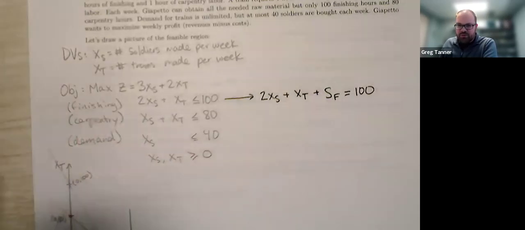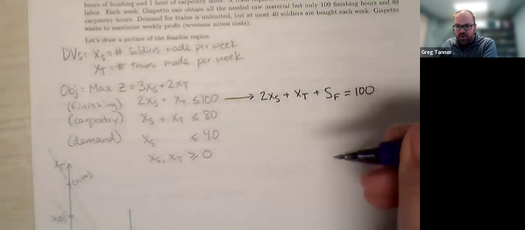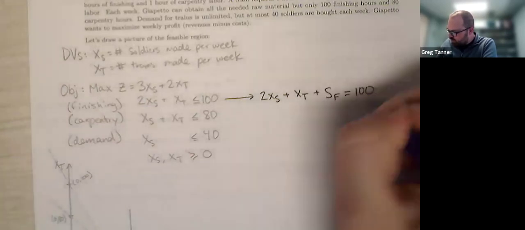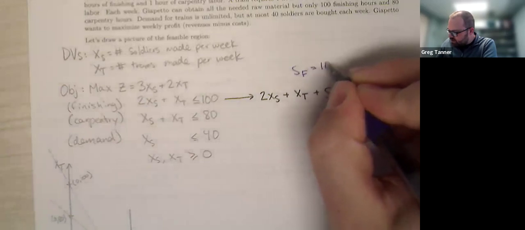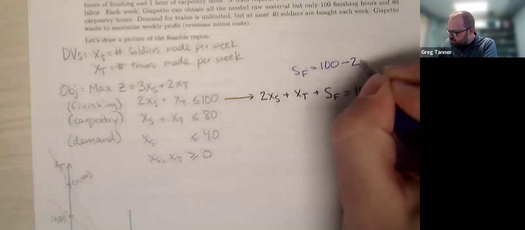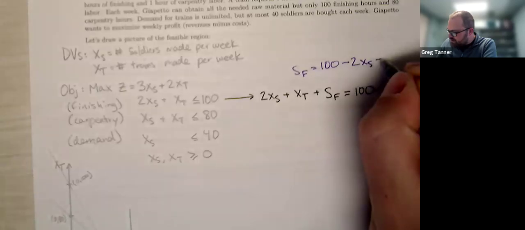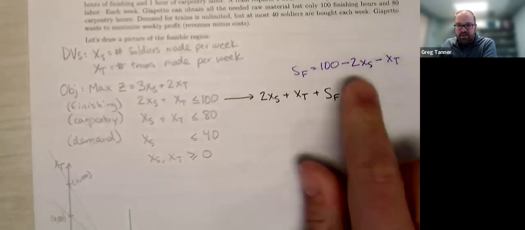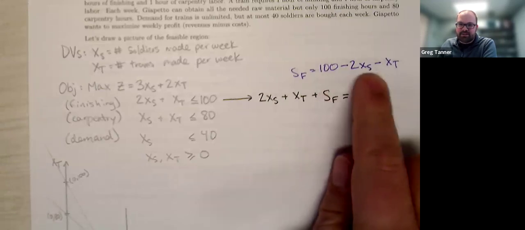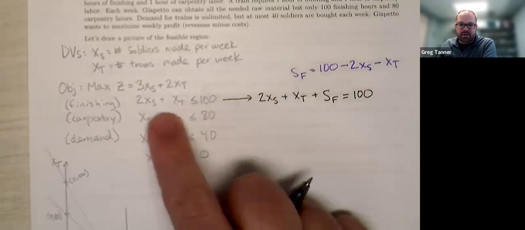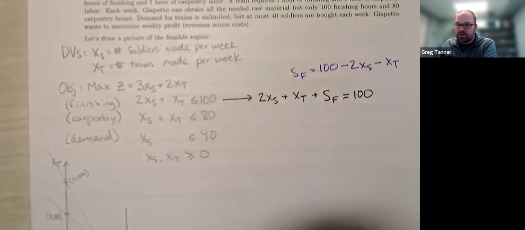If it helps you think about it, what is this SF? Well, if we move everything over to the other side, SF is 100 minus 2xs minus xt. It is every bit of extra by which the left-hand side was less than 100.